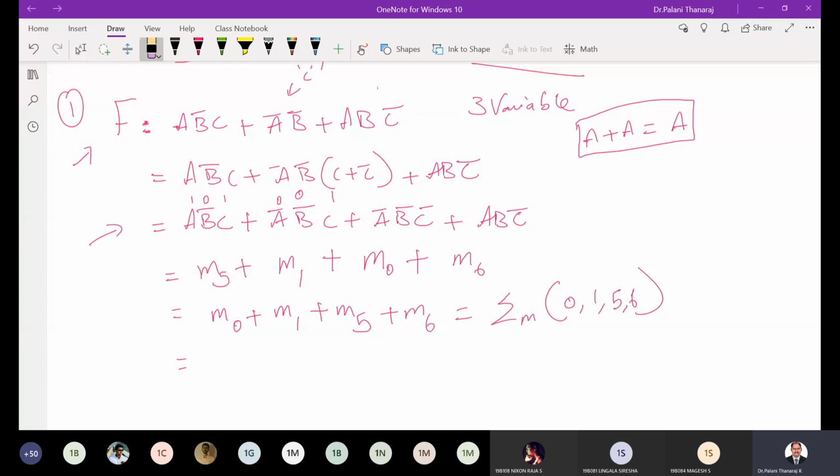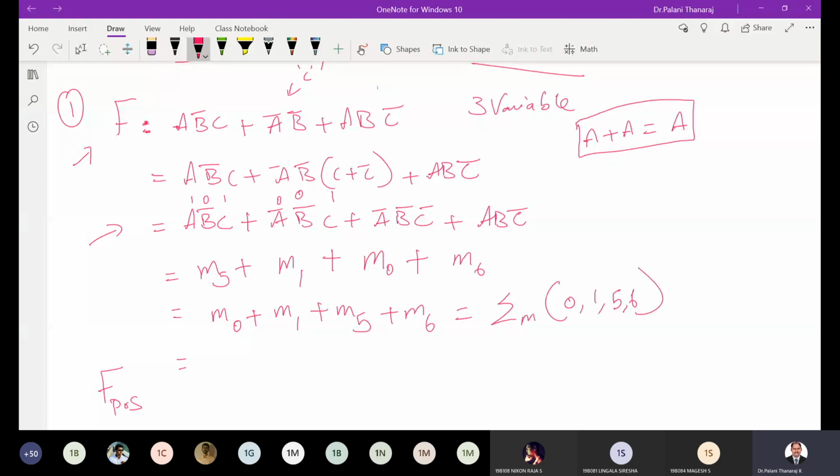So now, how about someone give me the POS of this expression? Can anyone give me the POS of this F, the answer we got in the previous step?